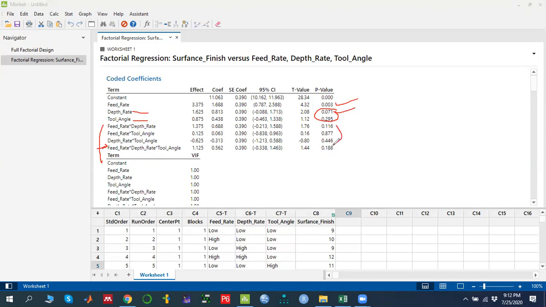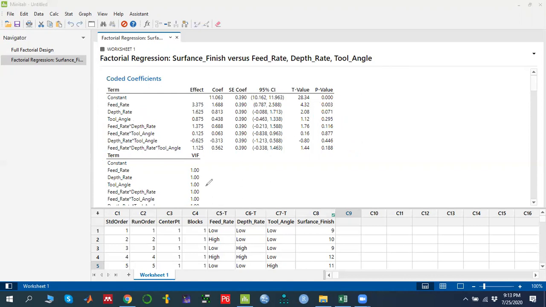Similarly, the two-way interactions, feed rate and depth rate, feed rate and tool angle, depth rate and tool angle, are also not significant, as they are greater than the alpha value. Similarly, the 3-factor interaction is not significant. So the only significant factor is the feed rate.